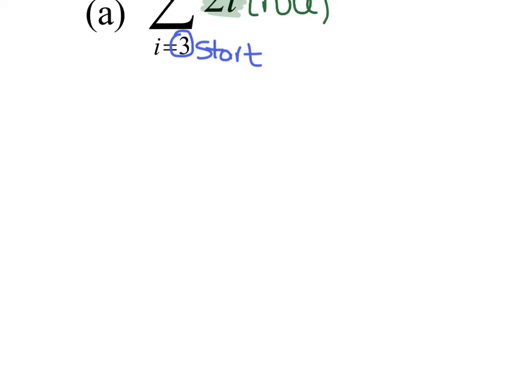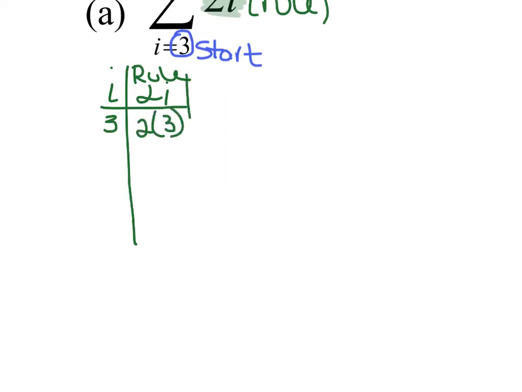So this is how it works. I like to make a little chart. You can do it however you want, but I'm going to start with i. It's 3. My rule is 2i. So I'm going to do 2 times 3, and that gives me 6.